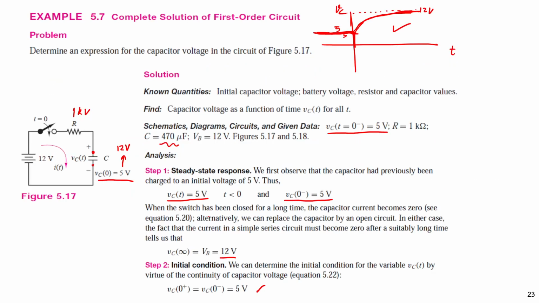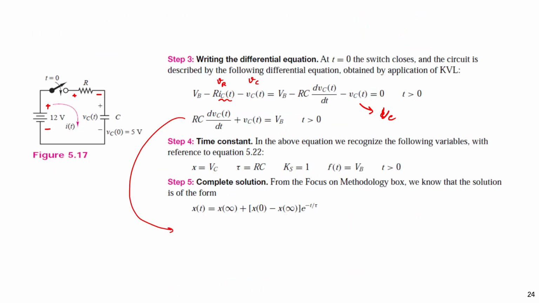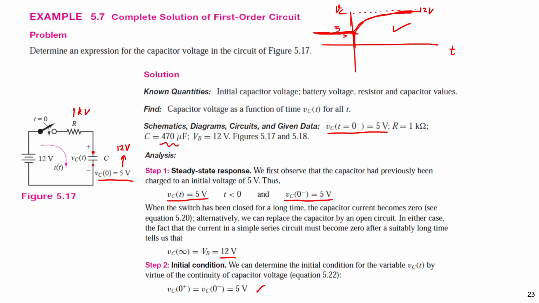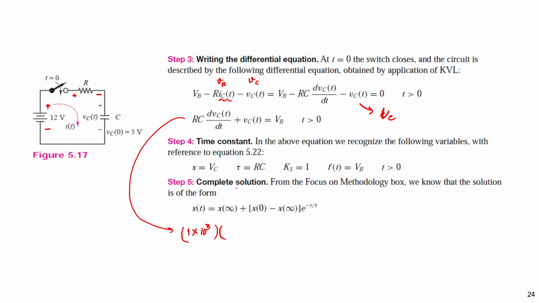R is 1K, times 470 micro, dVC by dt plus VC equal to VB, 12.